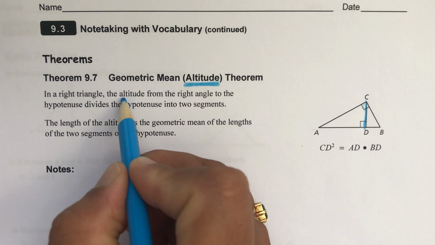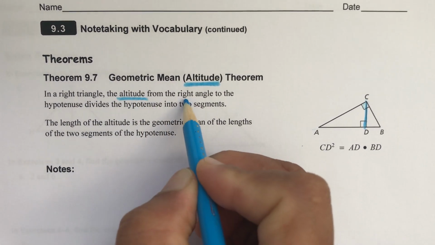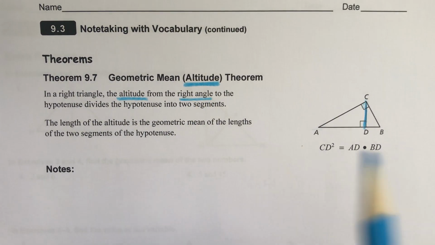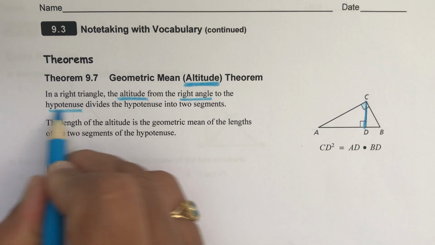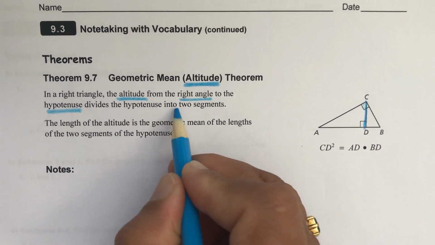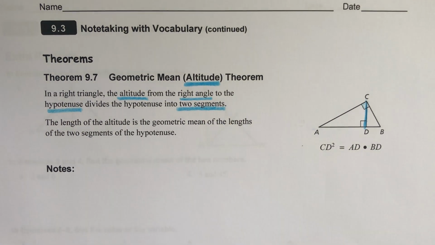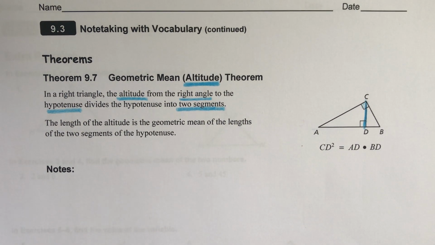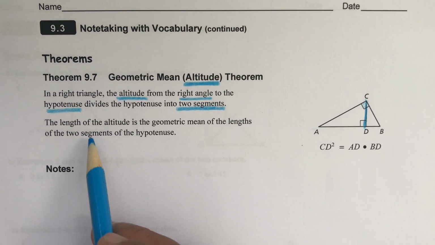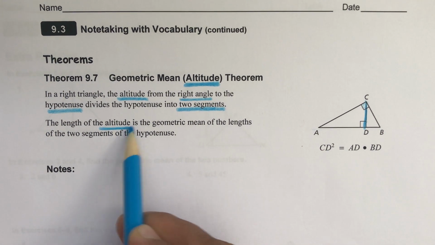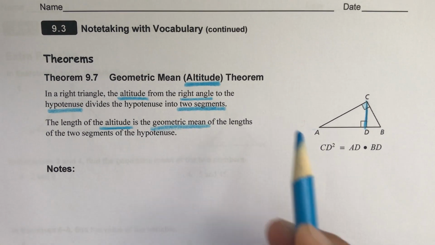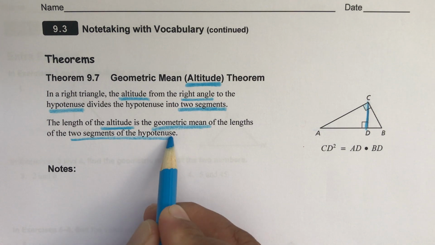So in a right triangle, the altitude to the hypotenuse divides the hypotenuse into two segments. The length of the altitude is the geometric mean of the lengths of the two segments of the hypotenuse.